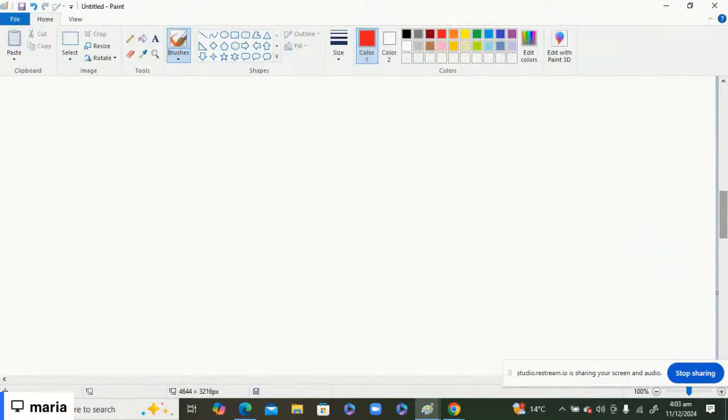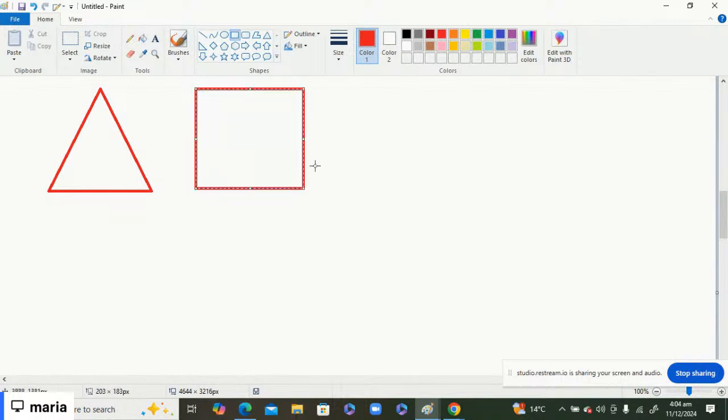So there are different shapes of polygons. Regular polygons, I'm going to draw them here. First of all, look at this shape. This is basically an equilateral triangle. Then look at this one. This is basically the square.